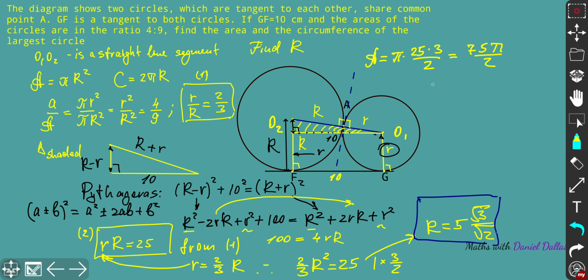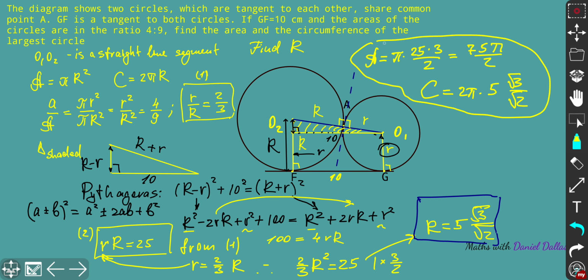If you like, you can calculate it, but you've got the logic. And circumference is simply 2 pi times the radius, which is 5 square root of 3 over square root of 2. So that's the final formula for the area and for the circumference.